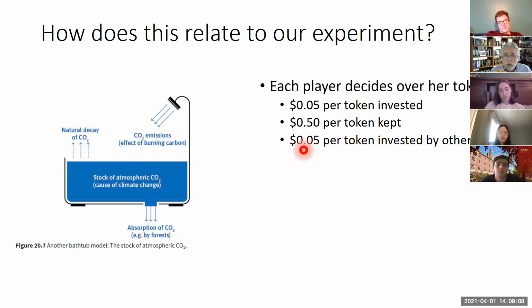right? So first, let me summarize key issues about this particular context of incentives. First, you have absolute power and control over your own 10 tokens. And therefore, you can guarantee 5 cents per token invested or 50 cents per token kept.